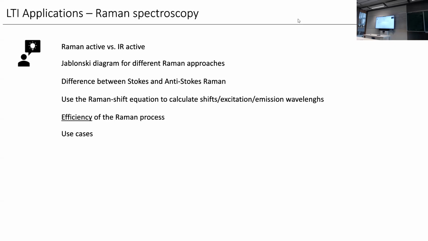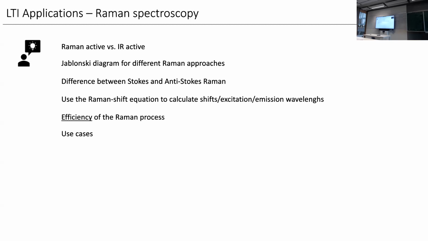Raman, well, some physical properties. What is the difference between a Raman active and an IR active molecule? Drawing the Jablonski diagrams. Differences between Stokes Raman and anti-Stokes Raman, population of the vibrational levels, these kinds of things. You have to calculate Raman shifts. So if you're given an excitation wavelength, then calculate the emission wavelength and vice versa.